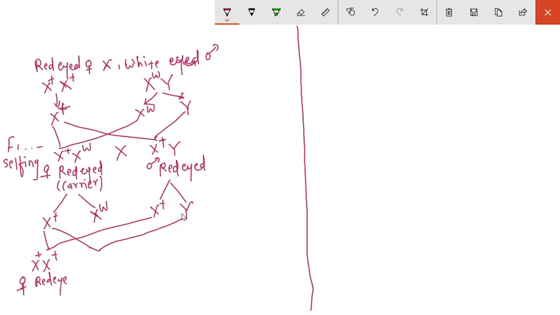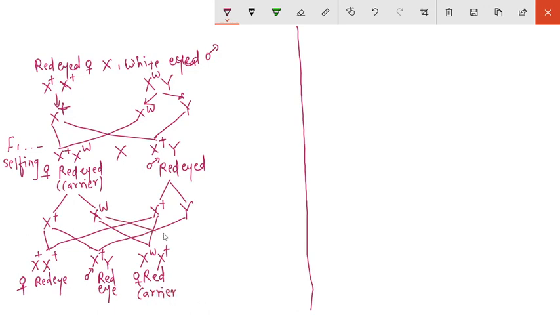Here X plus Y: he is a male, but red-eyed. Then X W X plus: because of the plus, she is a red-eyed female, but she is a carrier.